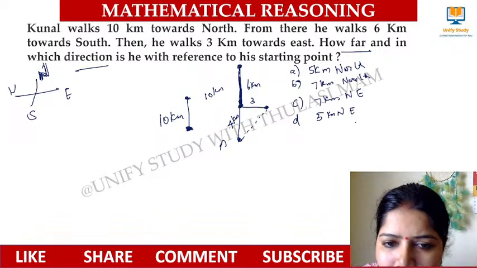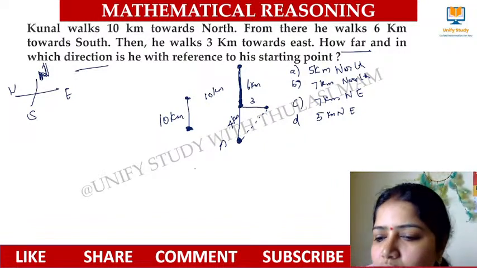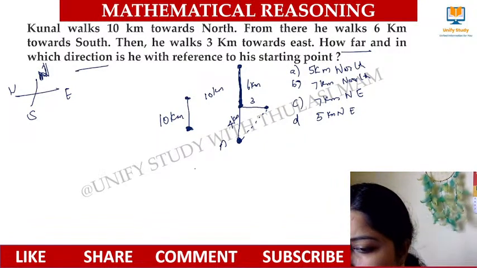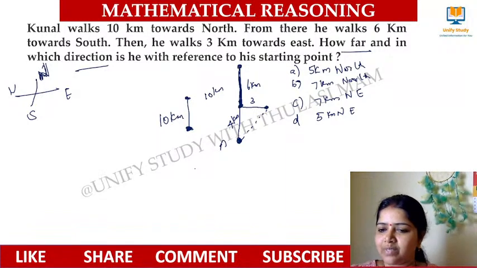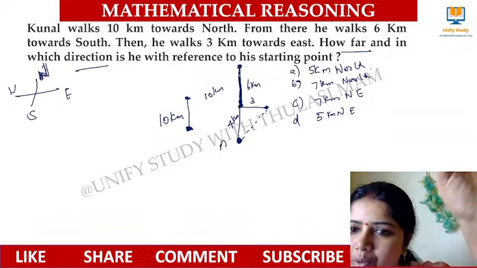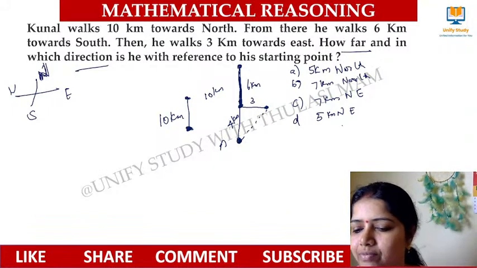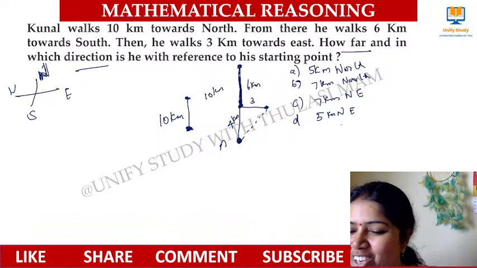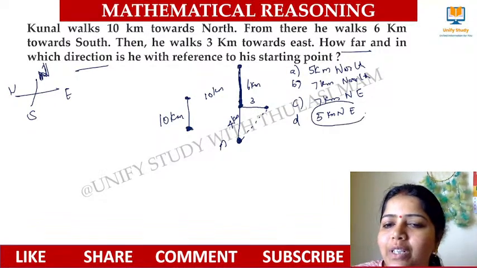See, this is the point he had started and he moved towards north. Many of them have got confused with the options. If I had given an option of 5 kilometers southwest, many of them would have said south.